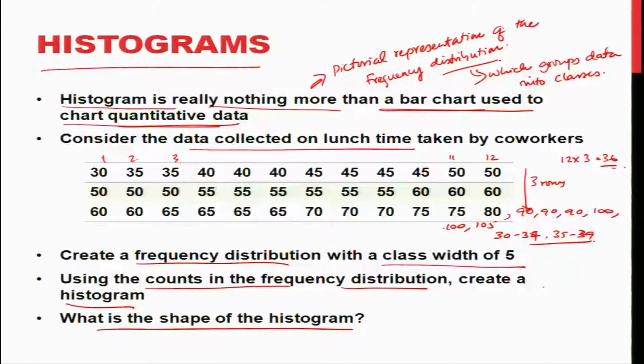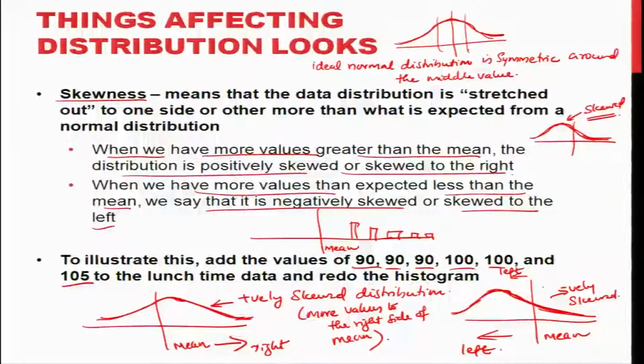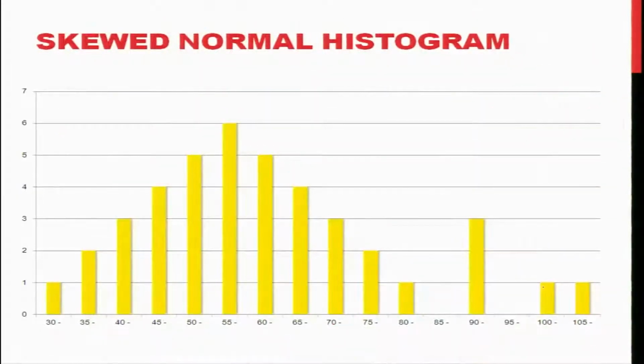When you add that many values to this, let us plot the histogram again with the same bins: 32 to 34, 35 to 39, 40 to 44, like this. You can see that in 90 to 94, 95 to 99, 100 to 104, 105 to 109, there are more observations.